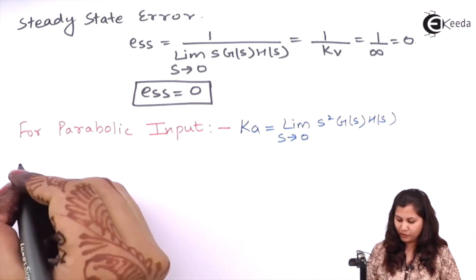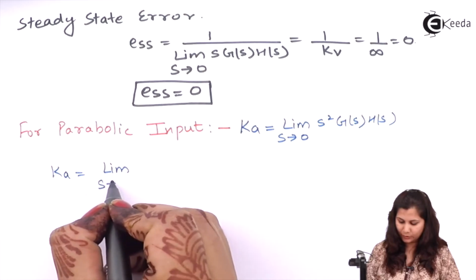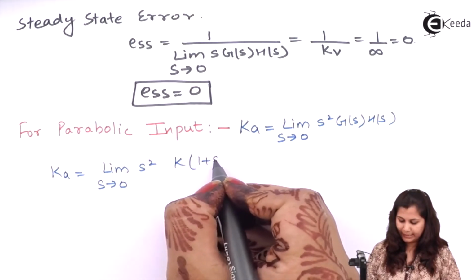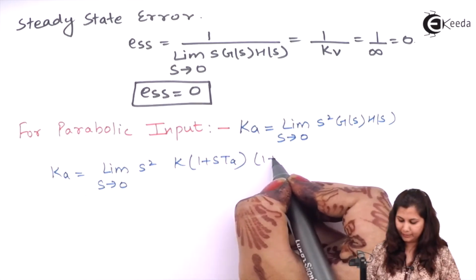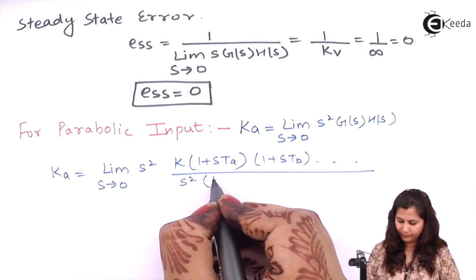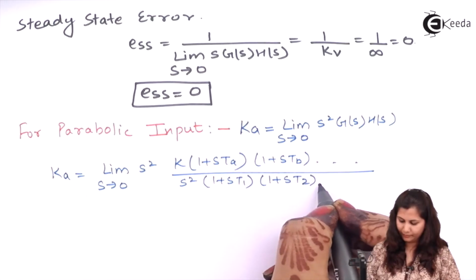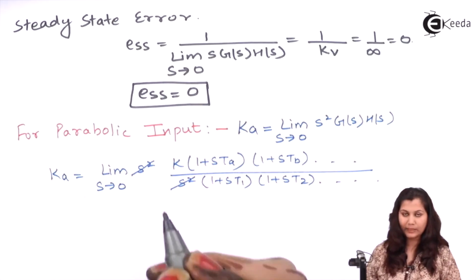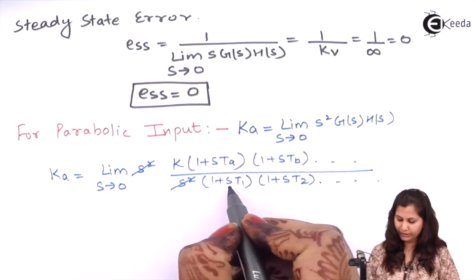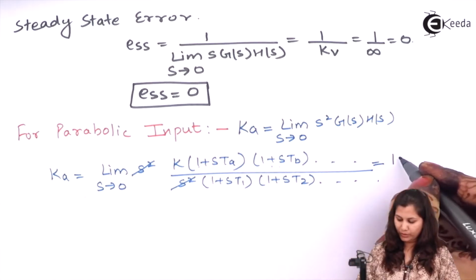Again putting the value of G(s)H(s), we have Ka equals limit s tends to 0 of s square K upon s square (1 plus sTA)(1 plus sTB). So s square and s square will be cancelled out, and if we put the limit s equals to 0, it will be 1, 1, 1 and 1. So it will be equal to K.